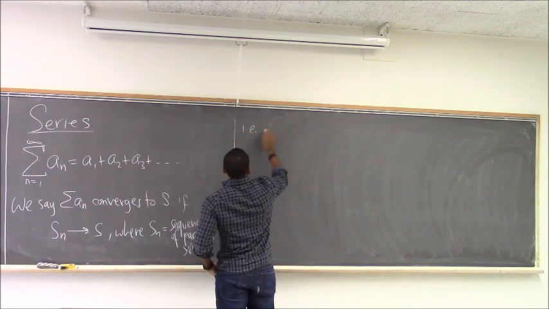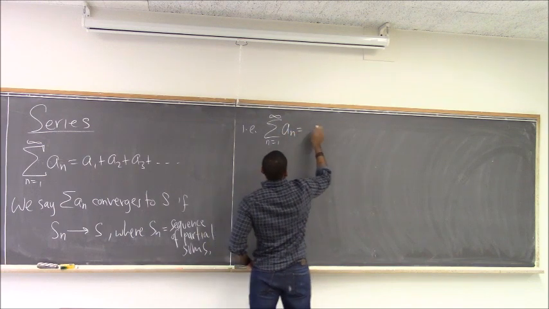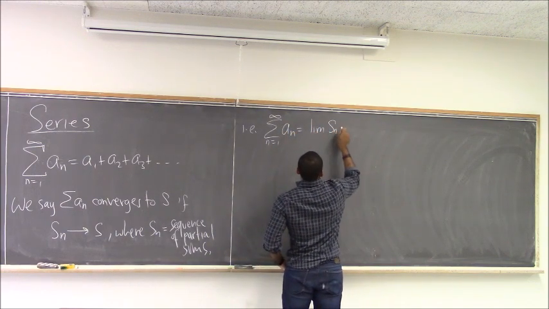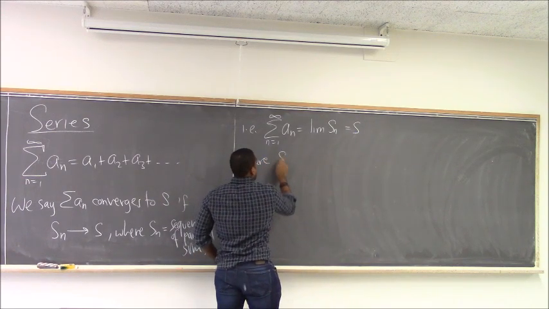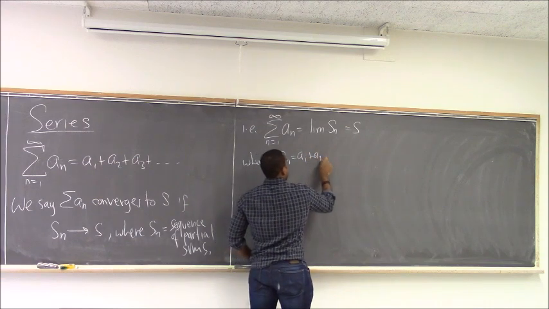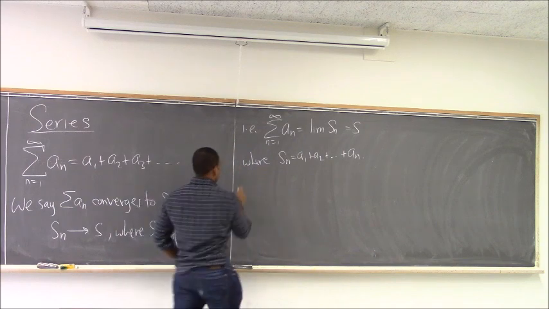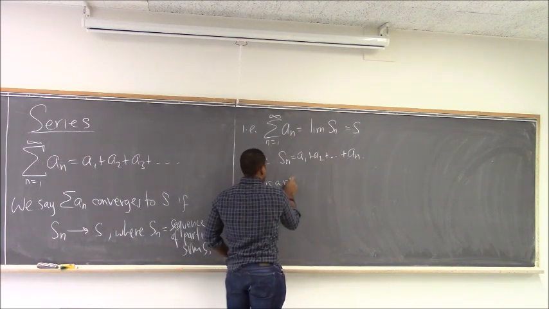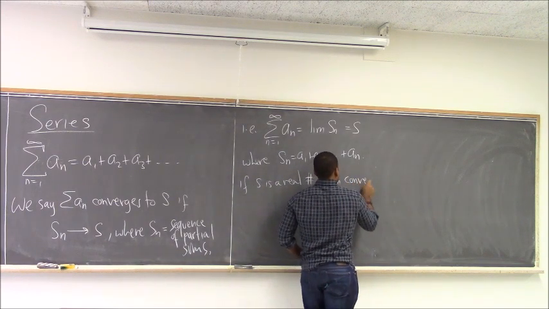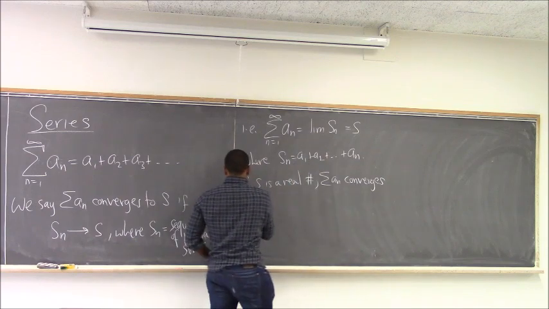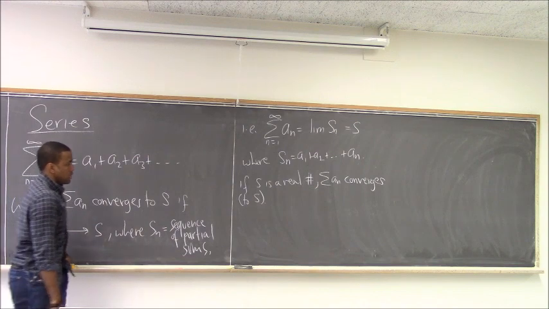That's saying we can say the series from n goes from 1 to infinity of a_n is equal to the limit of S_n equals S, where S_n is just the sum of the first n terms. And if S is a real number, this converges to S.